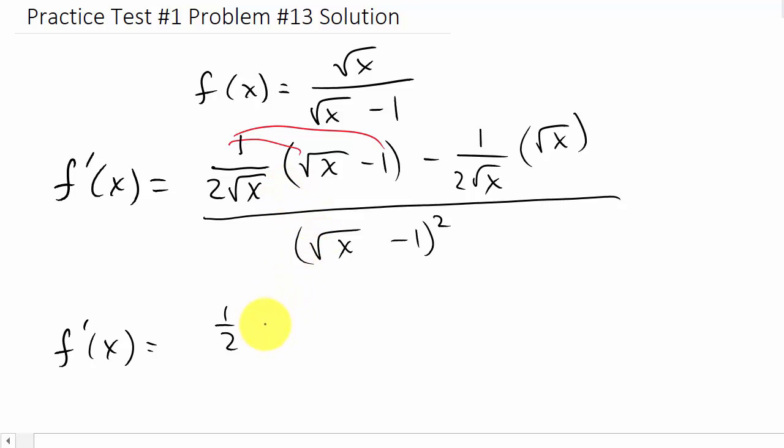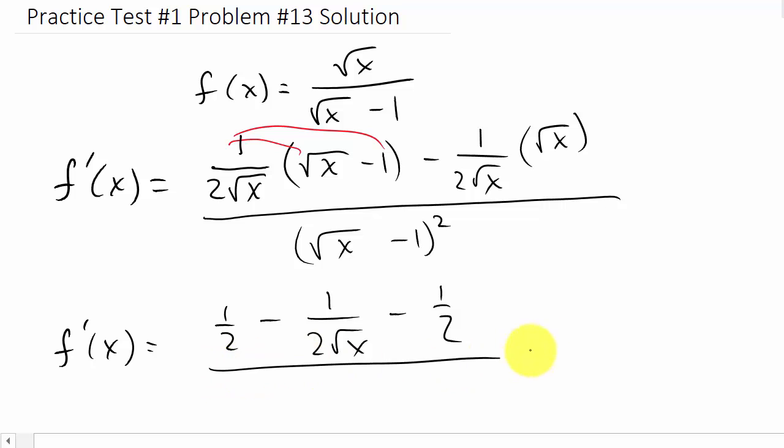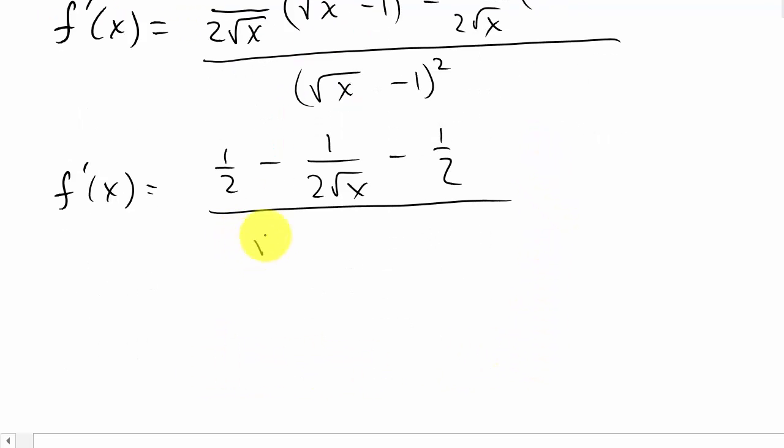And then minus, and then here I've got 1 over 2 square root of x minus, and then here the square root of x's cancel out. I'm left with a half, and then that's over square root of x minus 1 squared.